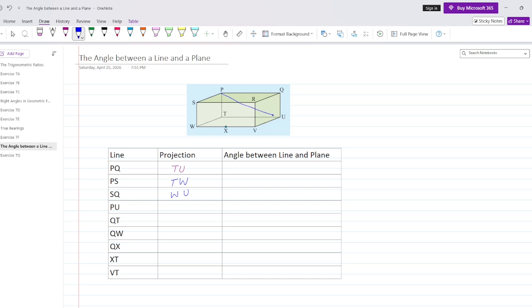TU. TU is this line. Its projection is going to be this line, TU. QT. QT is this line. Its projection is going to be this line, UT.